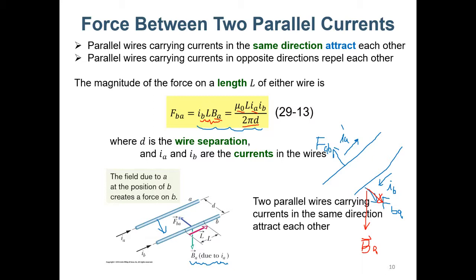So the force, either attracting them or repelling them, is mu0 L IA IB over 2 pi d. D is the distance between them, the wire separation. IA and IB are the currents in the wires. So if IA and IB are in the same direction, they attract each other. If they're in opposite directions, they repel each other.